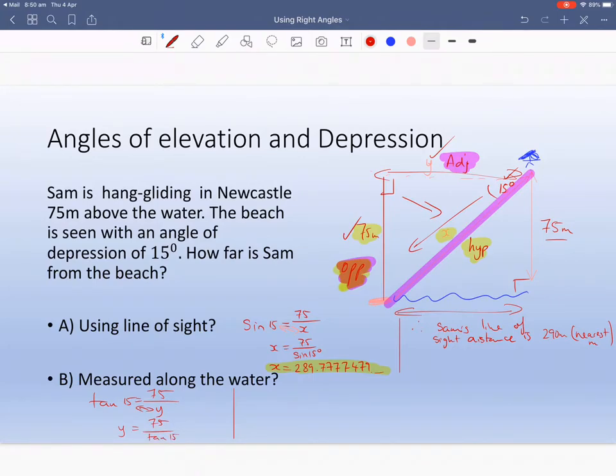And now I'm going to pop that into my calculator. Let me pop it in, 75 over tan 15. And I get y equals 279.9038106, and that will continue going. Therefore, y equals 280 meters to the nearest meter.